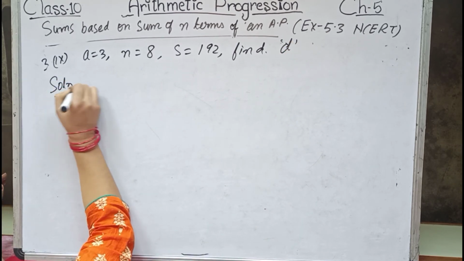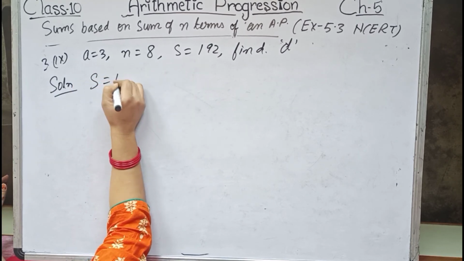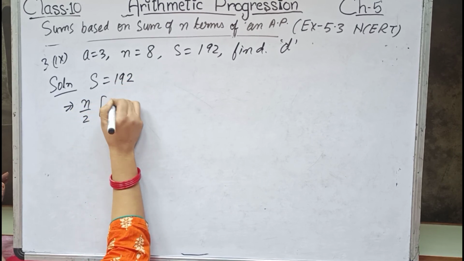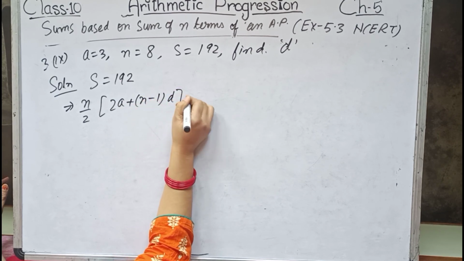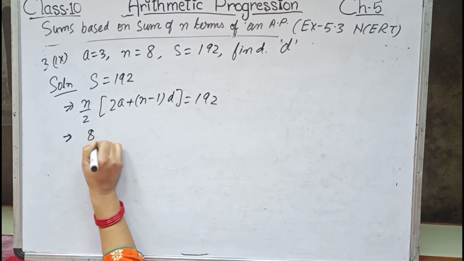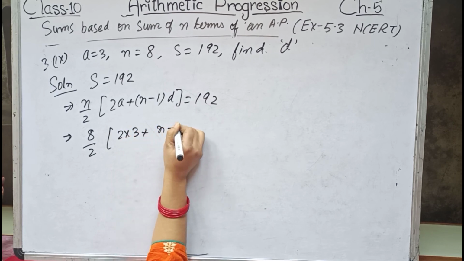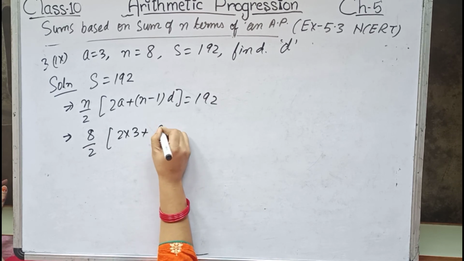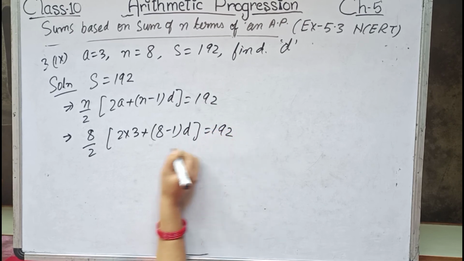So let us start. With A I cannot proceed, with N I cannot proceed, with S I can proceed. So S equals 192 implies n by 2, 2a plus n minus 1 into D equals 192. This implies 8 by 2, 2 into 3 plus, n is given, no? 8 minus 1 into D equals 192.